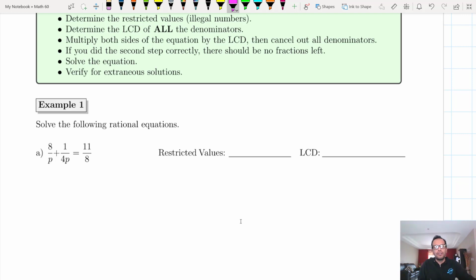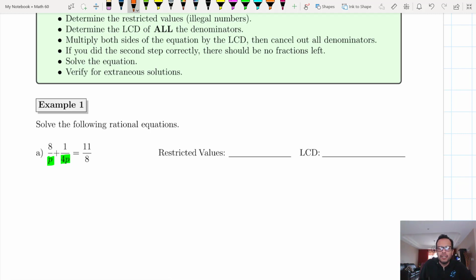Restrictions are those values... Let me highlight the denominator and observe the variable terms. Highlight the variable terms in the denominator and check for those values that make the denominator 0, because if we plug in, for example, in this case 8 over p, there is a number that we cannot substitute.